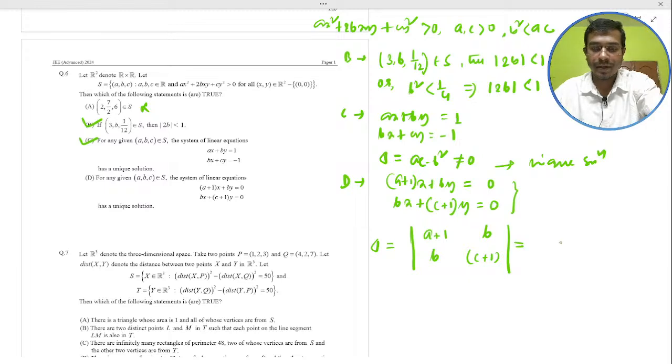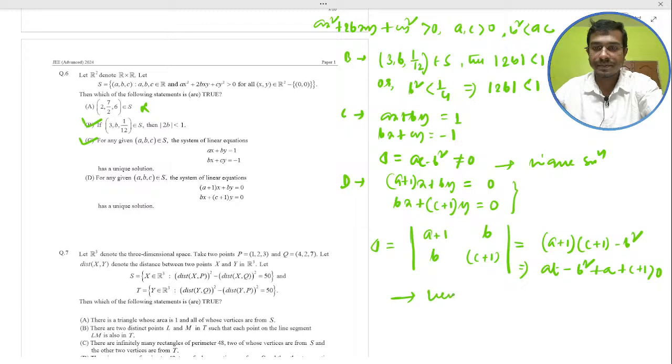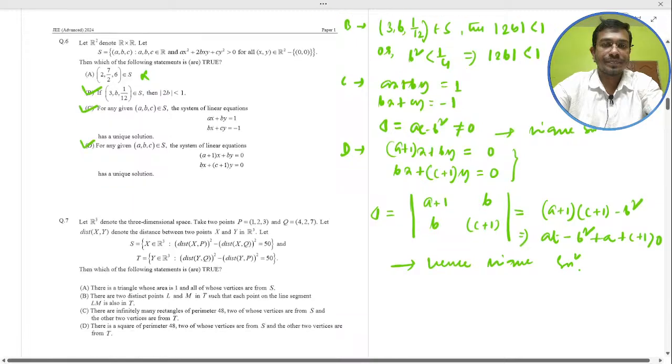So this will become a plus 1 into c plus 1 minus b square, that is equal to ac minus b square plus a plus c plus 1. This is greater than 0. Hence, unique solution. So options B, C and D, these three are correct.